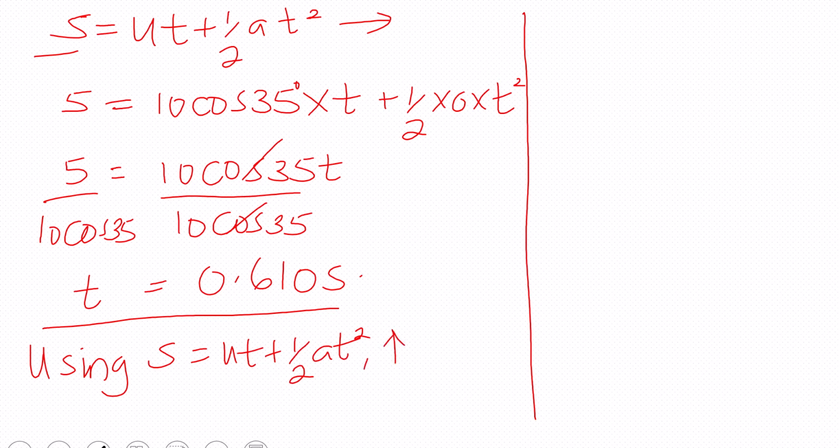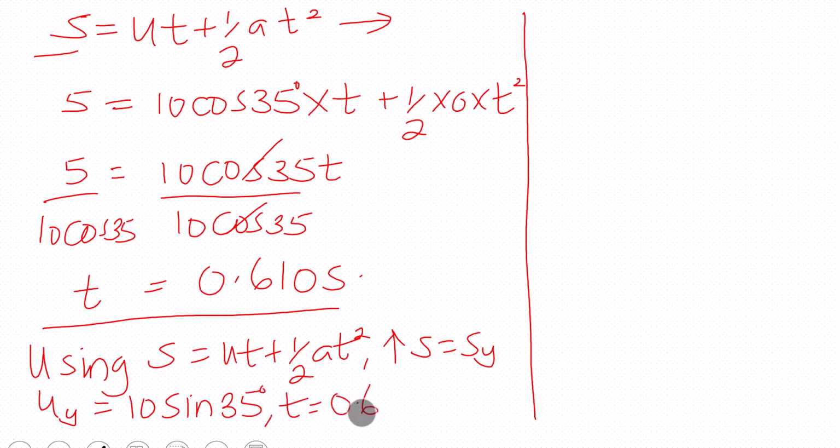So our S can be S in the y, since we don't know it. We know that u in the y will be 10 sine of 35 degrees. Our time is equal to 0.610. Our acceleration is negative 9.8.